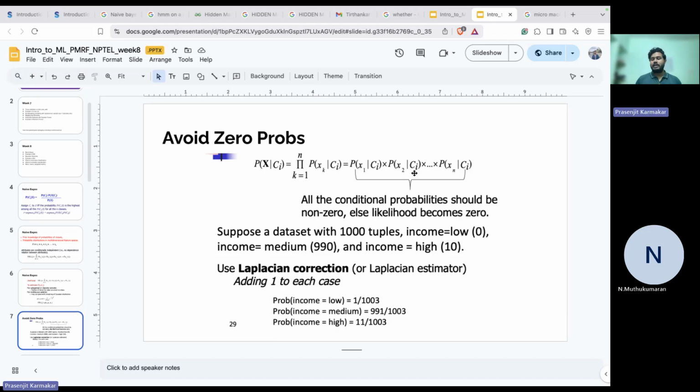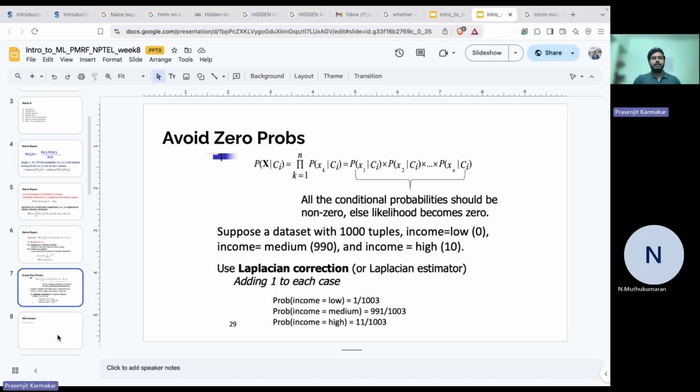So small would have 0 count, and 0 divided by the entire value would be 0. So it can cause zero probabilities, which will collapse the entire computation. To get rid of that error, you do this Laplace correction. You add +1 in the numerator, and in the denominator you also add +1. So 1 divided by some big number will not be 0. It will be a very small number, but not 0.